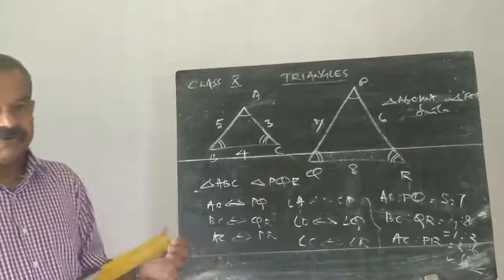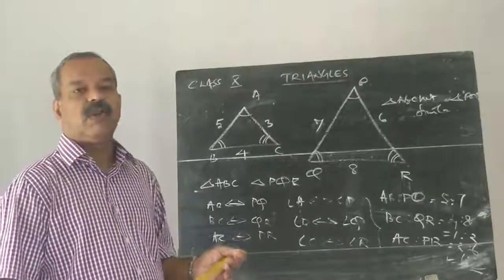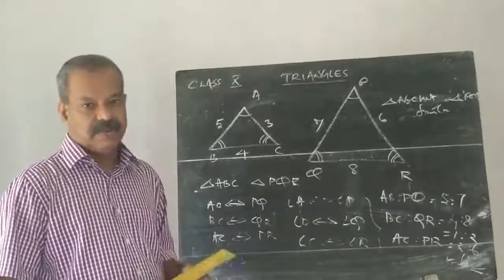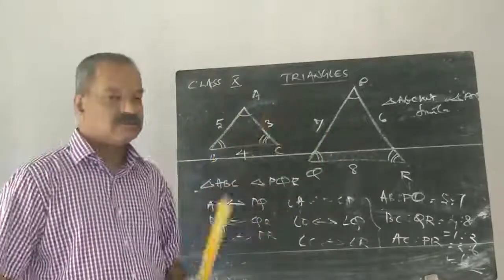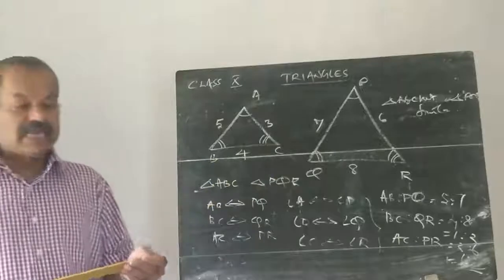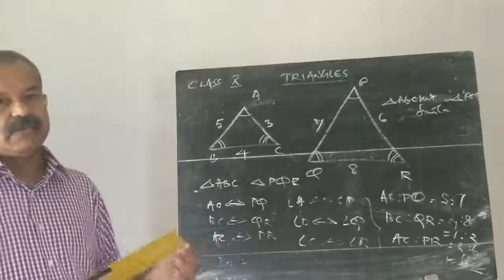And for congruent figures, corresponding angles are equal and corresponding sides are equal. The same ratio is also referred to as scale factor or representative fraction.